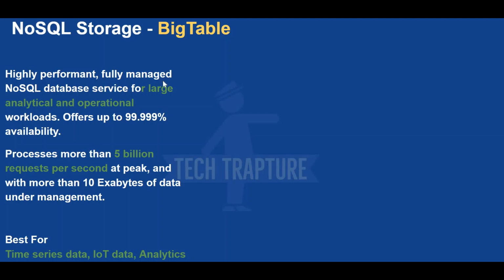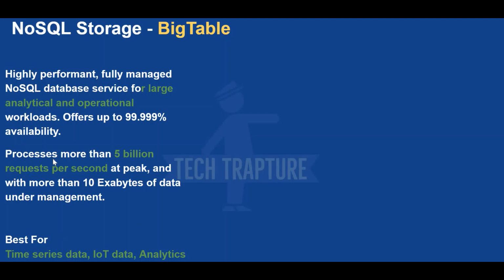So Bigtable is a highly performant, fully managed NoSQL database service for large analytical and operational workloads. You could see it can process more than 5 billion requests per second at peak. So you can treat this as a data warehouse as well, where you require a high amount of IOPS operations in a particular second.